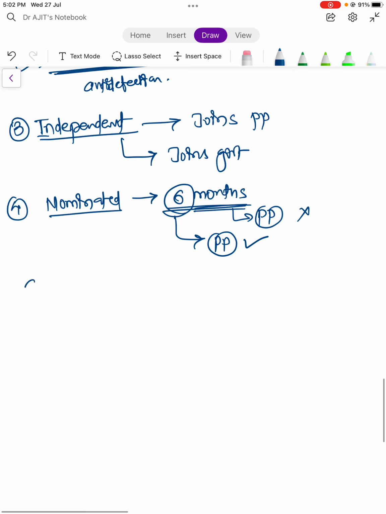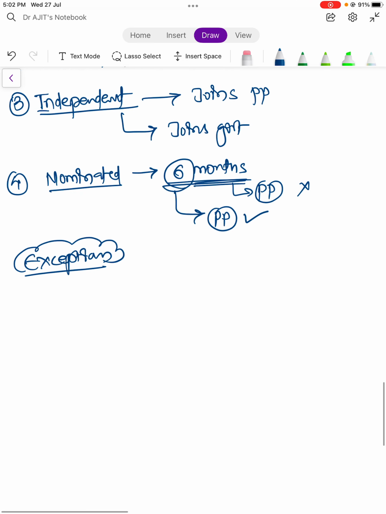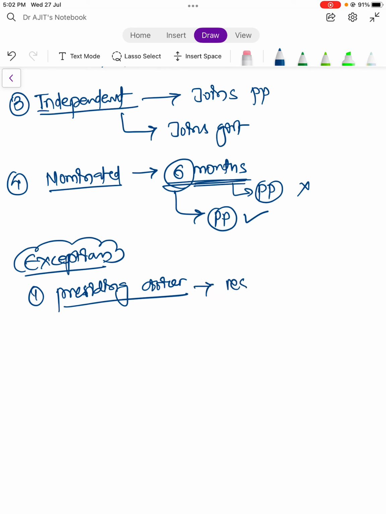Now we will see some of the exceptions. Exceptions to the anti-defection. First is a presiding officer. If a presiding officer, say for example the speaker, resigns from the political party, he will not be charged under anti-defection and he will not be disqualified.